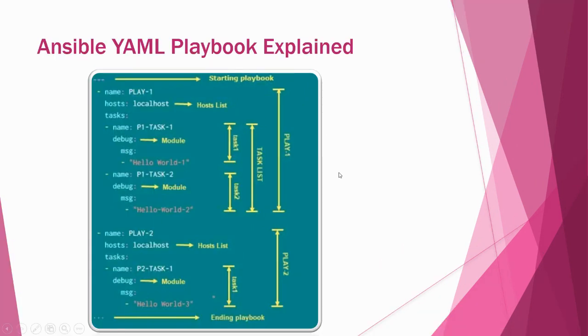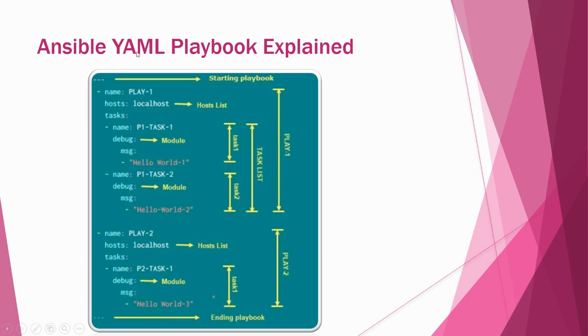So this is how the playbook will look. The playbook always starts with three hyphens and always ends with three dots. We told you this is called a playbook. It is not like some other programming language like C++, Java, or full stack Java. Usually, it is written in YAML language.